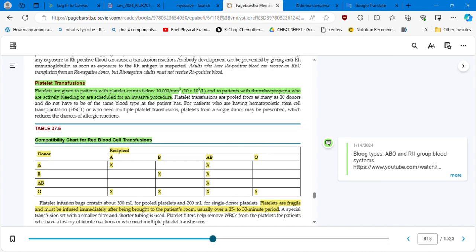So you see, there are some protocols, and you have to be ready to be flexible. In some books, they are going to tell you 20,000 and another one below 10,000. It's all based on assessment and the condition of the patient. If you see that the patient is already bleeding and is at 22,000, you proceed with the platelet transfusion.